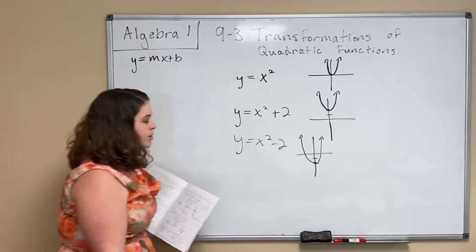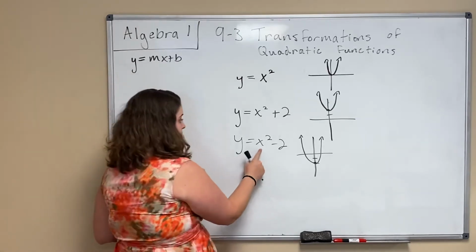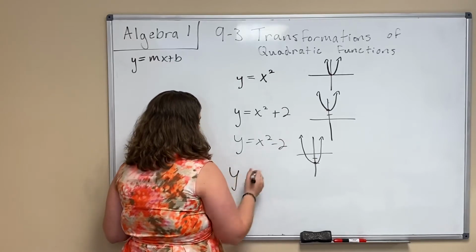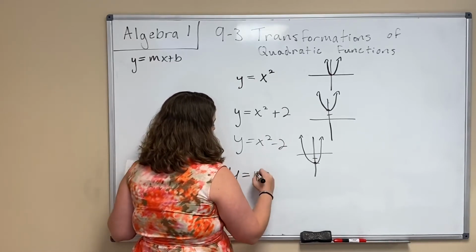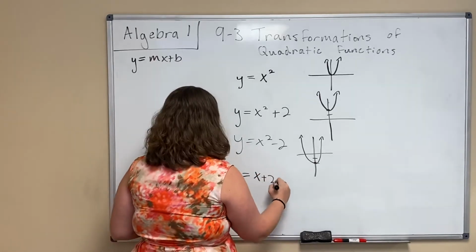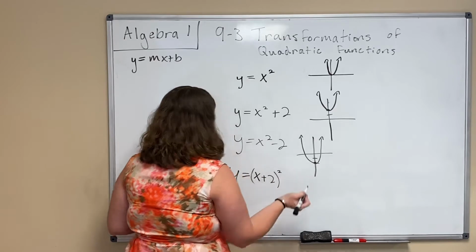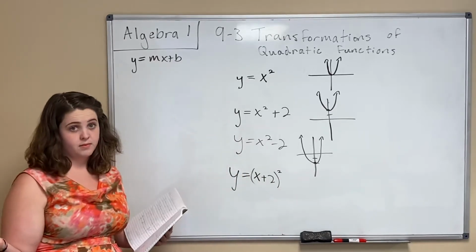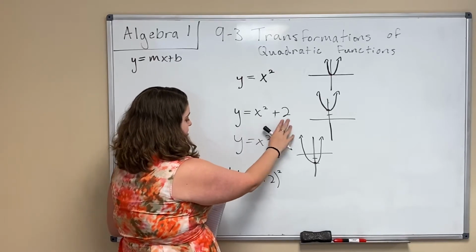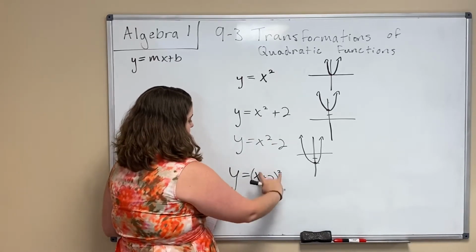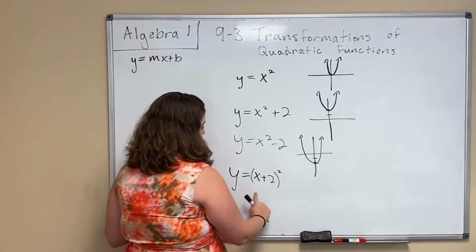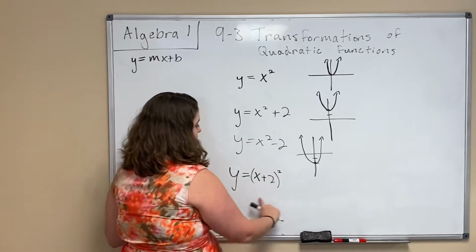If I add a number to x in this term before it's squared, so instead of adding it on the outside, if instead it looked like this, x plus 2 squared, so I'm adding the 2 within this, then it's going to tell us how far we're moving it on our x-axis.